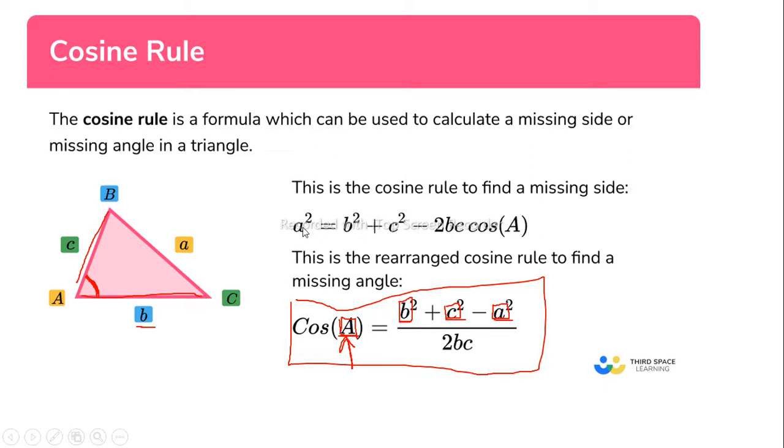The formula just says take a side, square it, that's going to be equal to one side plus another side. So it's generic. There's no rule in choosing which side is which. Same thing for this rule.